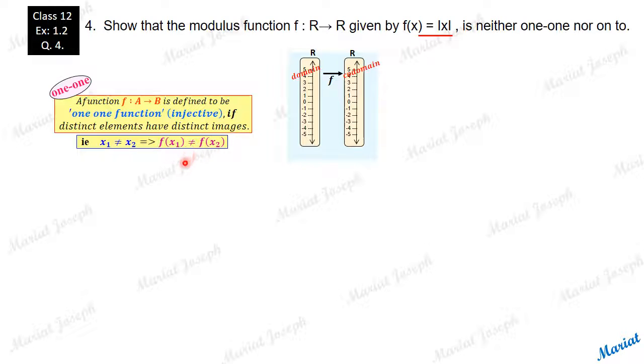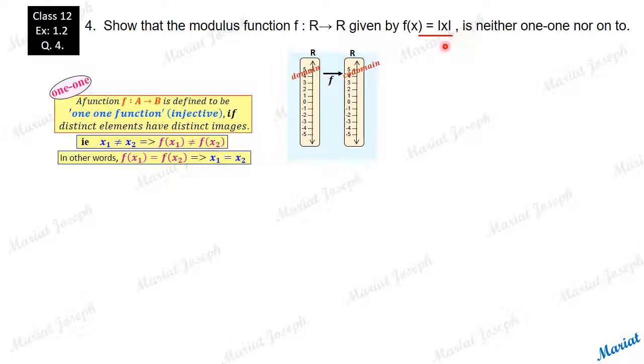Or, if the images happen to be equal for some x1 and x2, then those elements should also be equal. These are the two interpretations of this definition.